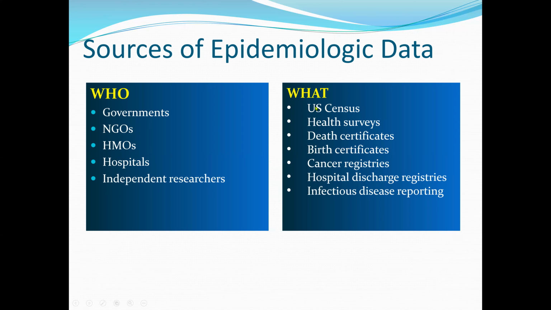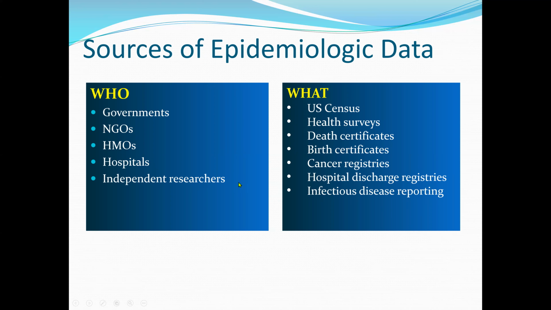Then what type of data? We can use the US Census or health surveys, death certificates or birth certificates, cancer registries, hospital discharge registries, infectious disease reports. So these would be sources of epidemiologic data. Again, these are just a few places we mention here, but there can be many more sources.